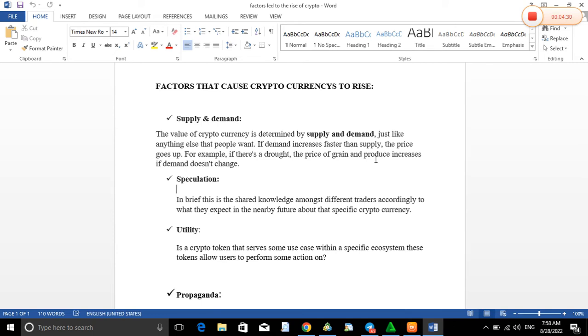Someone can sell at 8,000, someone at 10,000, 15,000, 20,000, like that. Now putting a lot of pressure on that particular currency, that's where the volatility comes in, and you find a currency just spiking along the way. Now supply and demand, these two factors, create a lot of volatility in the crypto space.